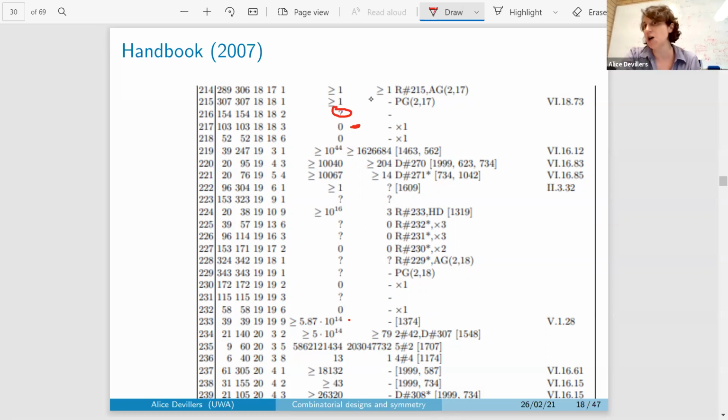And sometimes it's known exactly how many there are. So here we have 13 of those, and here this incredibly accurate and big number for this one. So there are pages and pages of results like that for all admissible parameters with R up to 41.